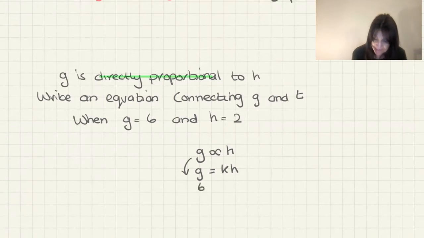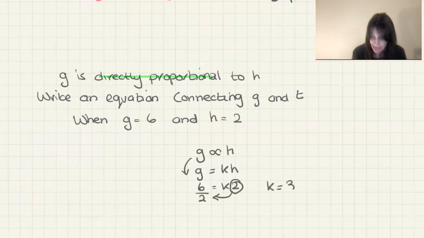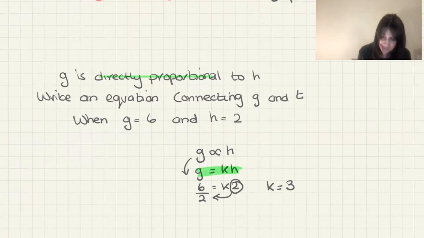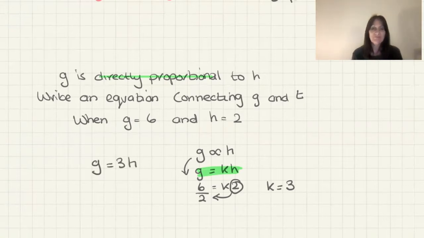So I've got 6 equals K times 2, rearrange, so divide through by 2, my K is equal to 3. Now I know what K equals, I can rewrite this part of my equation using the value I worked out for K. So G is equal to 3H. And there it is.